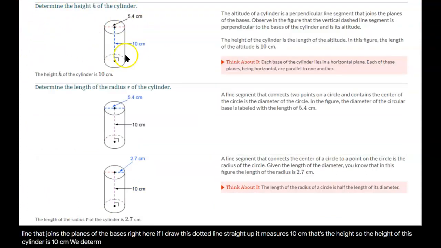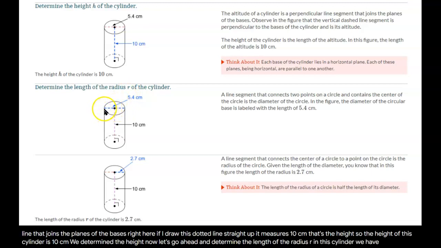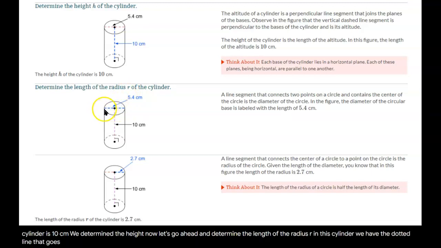We determined the height. Now let's go ahead and determine the length of the radius, r. In this cylinder, we have the dotted line that goes from the edge of the circle to the other edge straight through the center. Notice that that's not the radius.